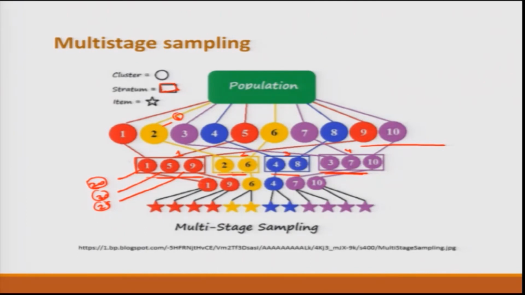Cluster 1 is picked up, cluster 9 is picked up, and out of 1, 2 items are taken, out of 9, 2 items are taken. From each cluster 2 items are taken, 2 items per cluster. So, this is known as multi-stage sampling. We can also do this mathematically, or we can give a specific weight here based on the size of the cluster. Then we can select the clusters from there and then select the number of items per cluster.